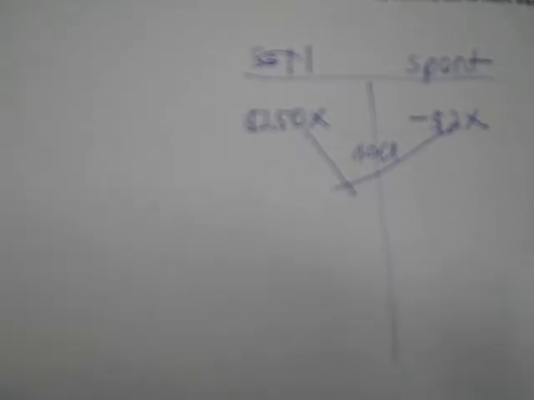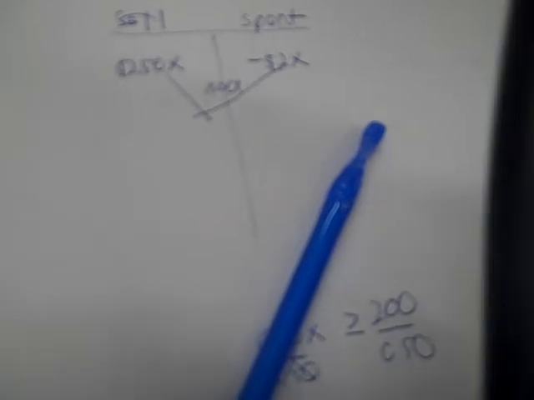Okay, now these are both x's, so we want to add the x's together. 2.50 plus negative 2, so it's going to be 0.50x. Then I divide both sides by 50 cents. Okay, 200 divided by 0.50, I got 400. So x greater than or equal to 400. Again, I'll repeat that again.